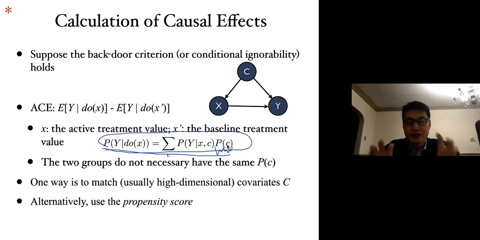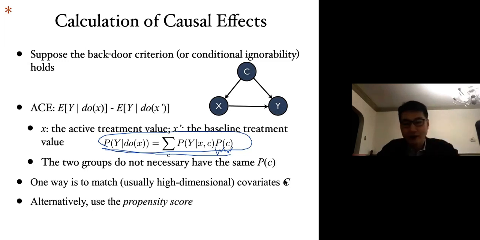We have to do something like matching. We have to match the distribution of c covariates across the two groups. And one way to do so is to directly match the distribution of the covariates. Usually, the covariates could be high dimensional. You can have a lot of other features, including gender, age, location, climate, and so on.